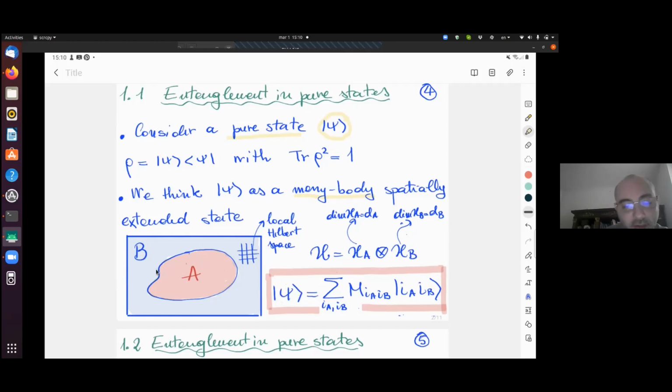If you choose local bases in region A and region B, which I call |i_A> and |i_B>, then the many-body state psi is decomposed this way, where M is a rectangular, complex matrix of dimension d_A times d_B. That is the general structure of the state.